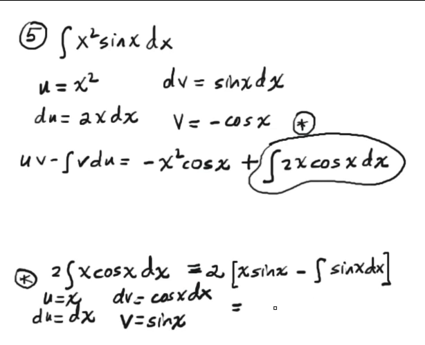So that's equal to x sine x. And the derivative of minus cosine x is sine x. So here we have plus cosine x.